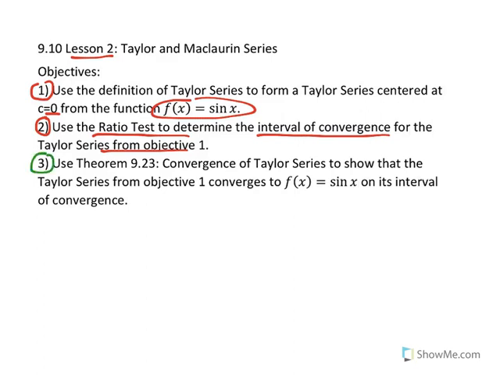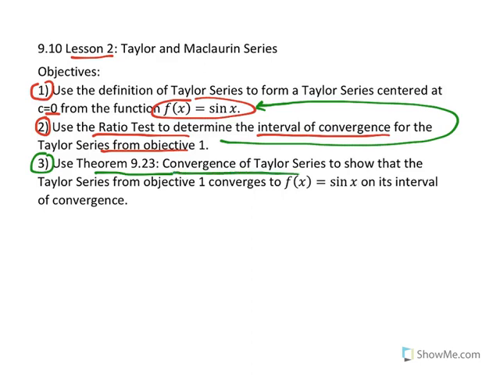And today we looked at showing that that Taylor series will be an exact representation for the function from which it was formed on its interval of convergence by using Theorem 9.23. And as a part of this lesson, we discussed why that was necessary. So use Theorem 9.23, convergence of Taylor series, to show that the Taylor series from objective 1 converges to the function from which it was formed on its interval of convergence.